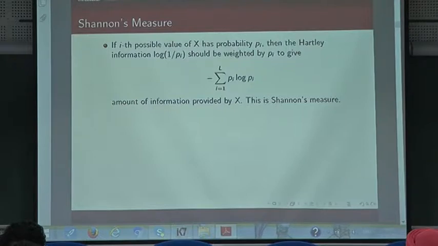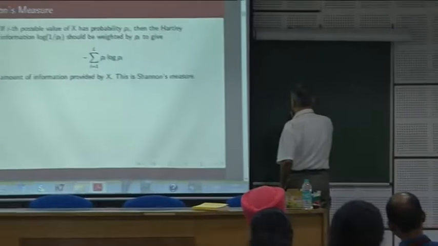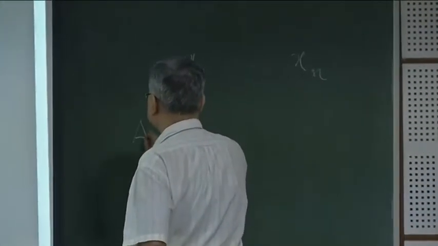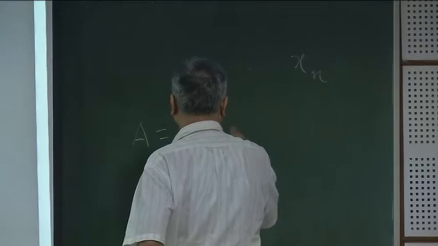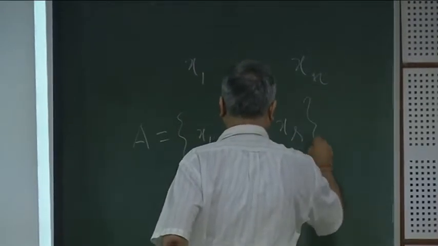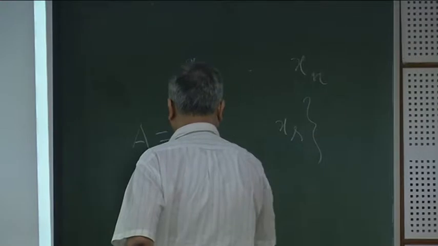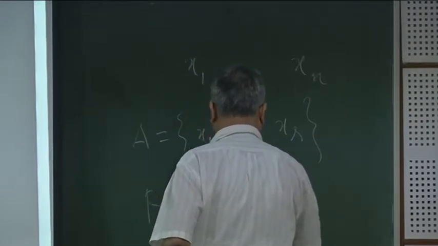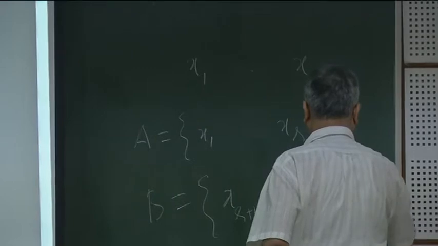Another beautiful thing that this takes care of is what is known as the grouping axiom. You can write the words grouping axiom, because it is not there in your notes. Let me tell you what that grouping axiom is. The grouping axiom says that if I have n possible outcomes x1 to xn, and suppose I divide this into 2 sets, say set A is x1 to some xr, and set B is xr plus 1 up to xn.